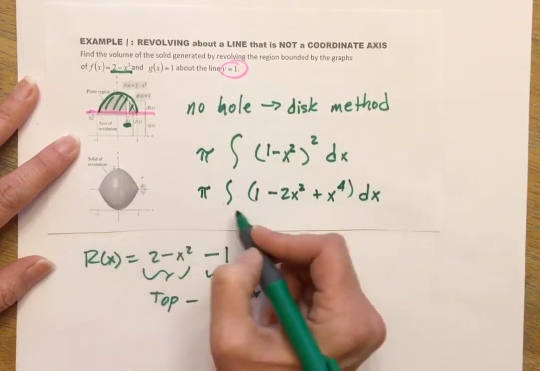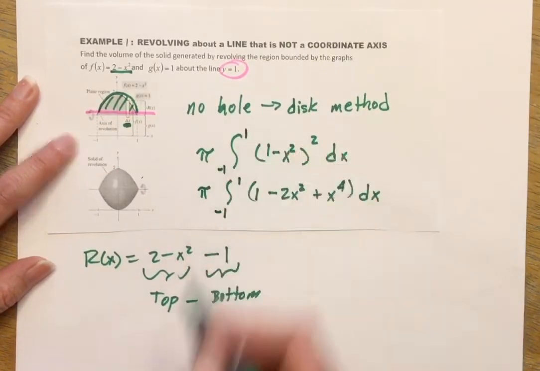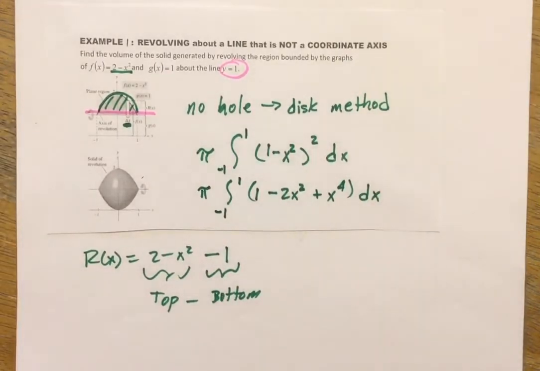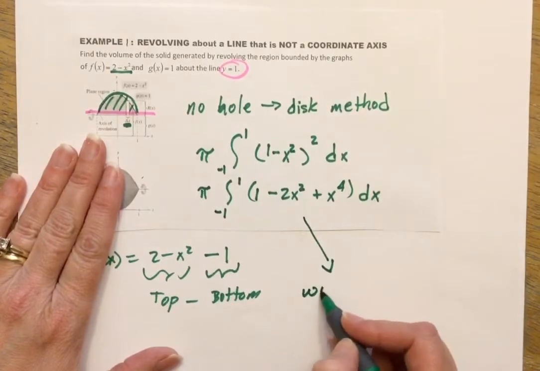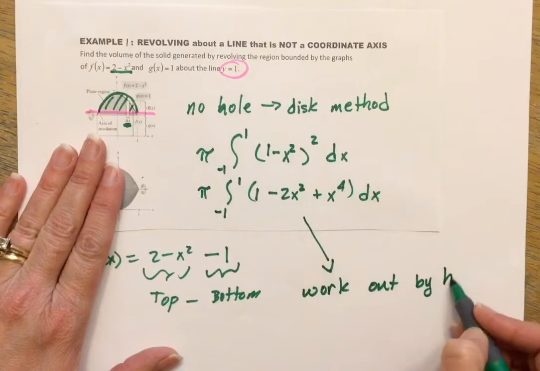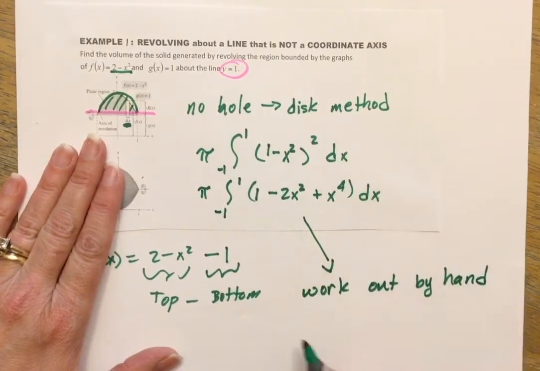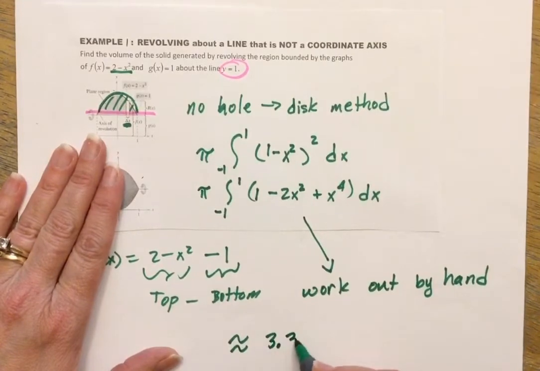We're going to take this from the left, -1, to the right, 1. So again, I want you to practice working this out by hand so that you're ready for the AB exam in May. If you do it correctly, your answer will be 3.351.